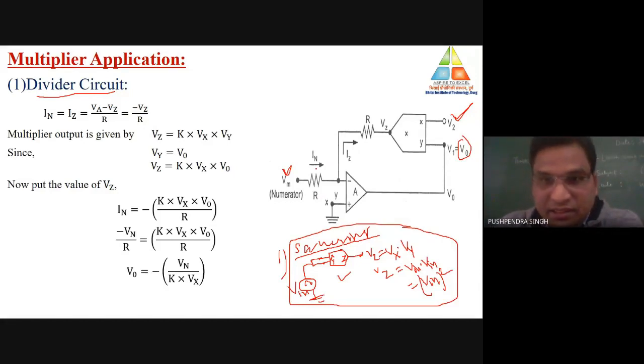Now In and Iz are the two currents into the operational amplifier. What is the value of In? Let's suppose here the value of voltage is Va.